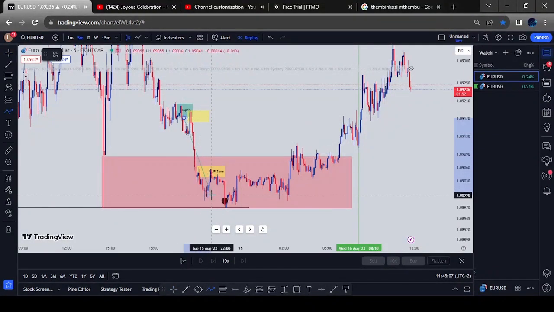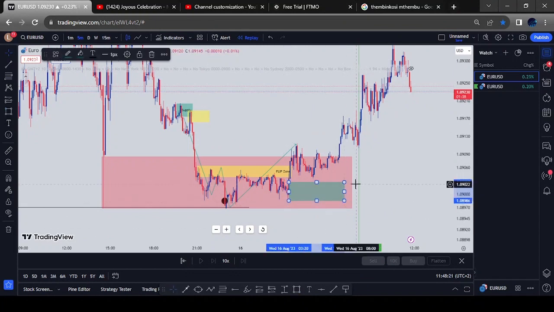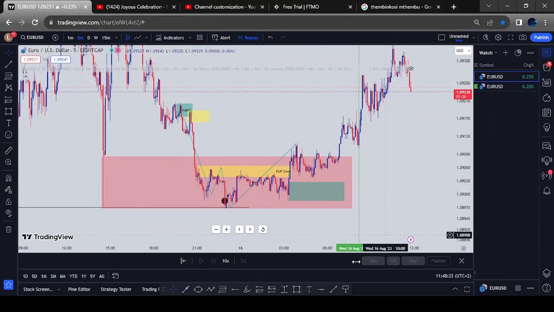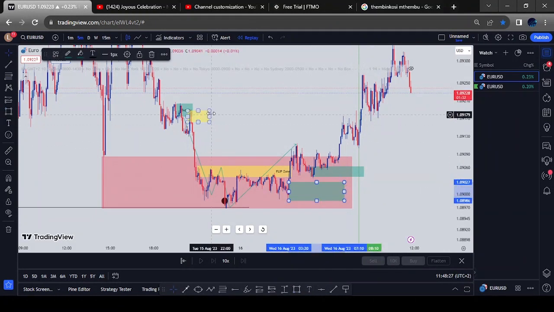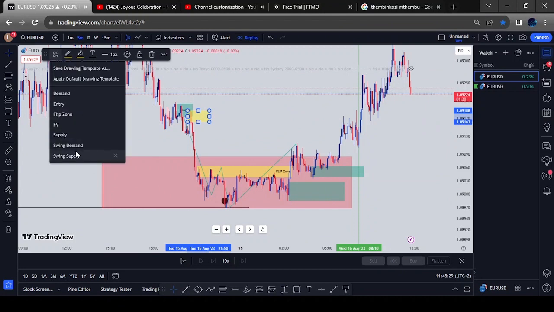So price was pushing down in supply zones, and then all of a sudden this last supply over here failed and price broke to the upside. So this became a flip zone for me. What I was looking at is then demand started to take over on this particular time frame. Now we are looking at the 5-minute time frame. So demand started to take over. So supply was in control.